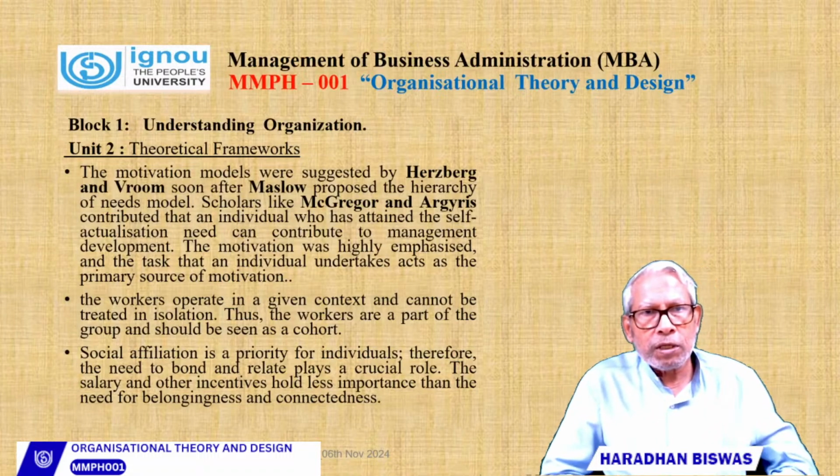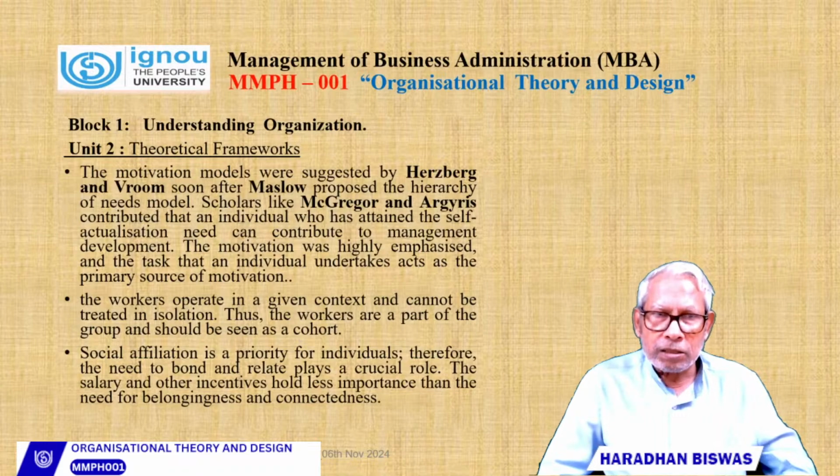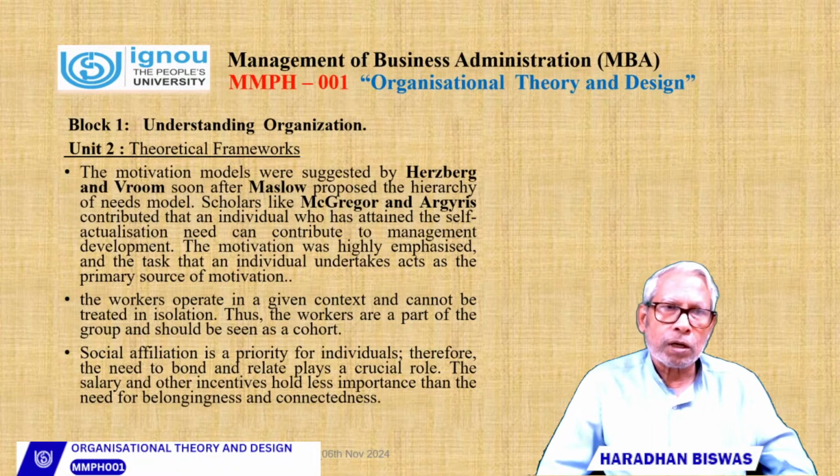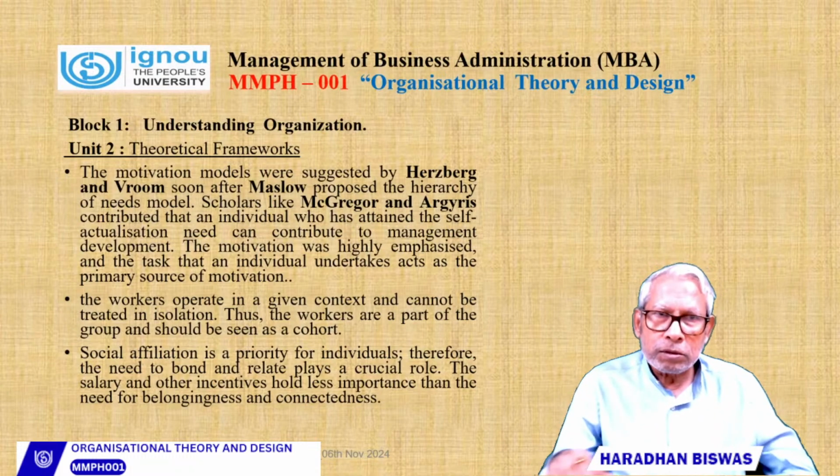Now, Maslow, as we know, says motivations are important. Herzberg and Bloom came soon after Maslow, and they proposed hierarchy systems. As we know, there are some contributions they have made. An individual attains self-actualization as per the pyramid. First, you see the physiological, physical needs.